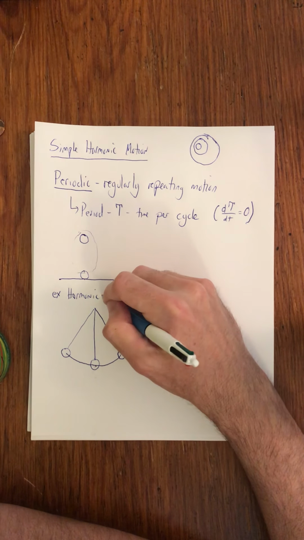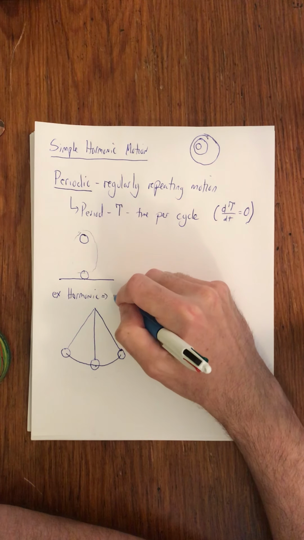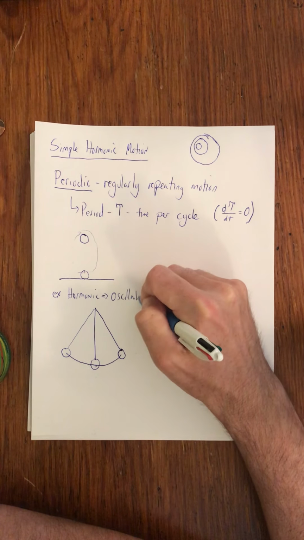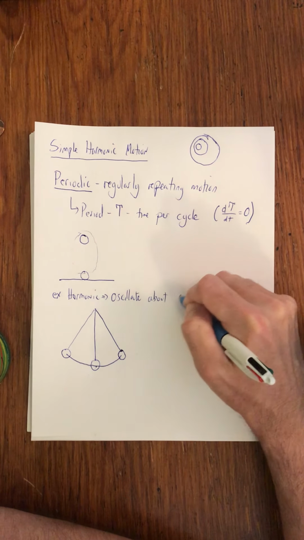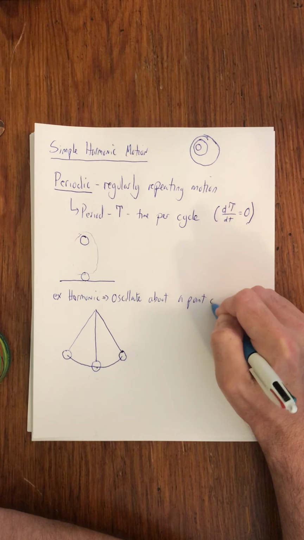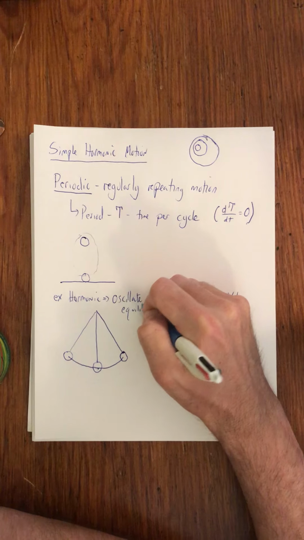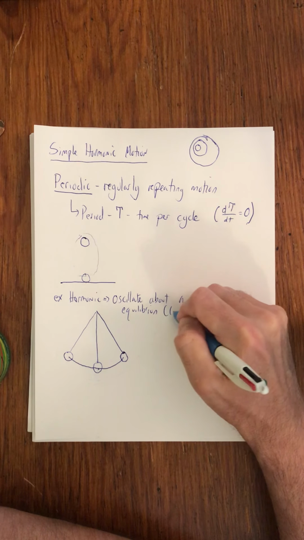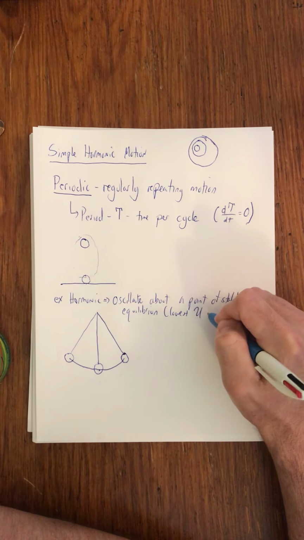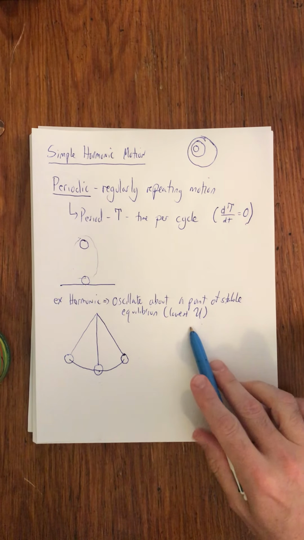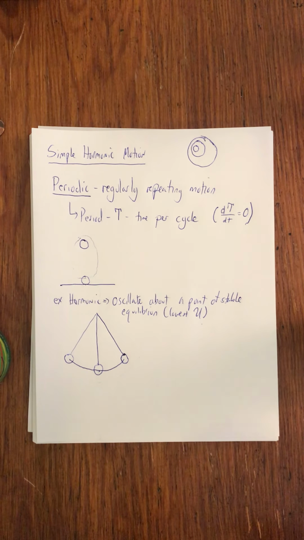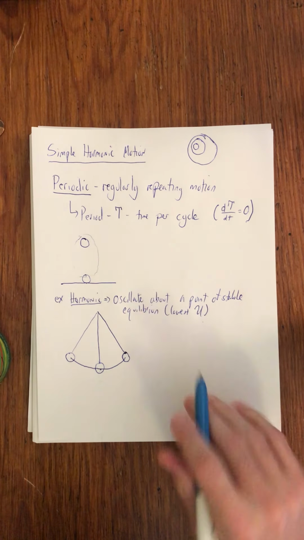And all harmonic motions oscillate about a point of stable equilibrium, right? Some place of lowest potential energy. And I'm not going to say it has to be gravitational potential energy, just some potential energy. So that's definitely an aspect of a harmonic motion.